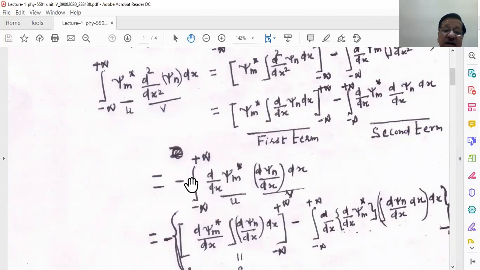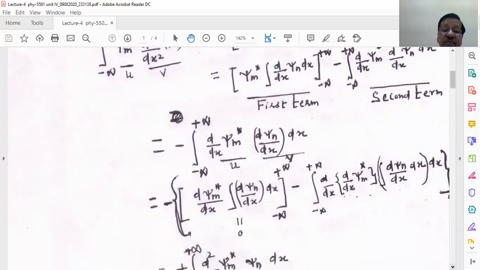Now again I apply the integration by parts. Look at that, the minus sign is here, so I keep a minus sign here, and now look at how I solve this equation. First I keep u, that is nothing but d by dx of psi star. Then you have the integration of d psi by dx, and that is integrated from minus infinity to plus infinity.